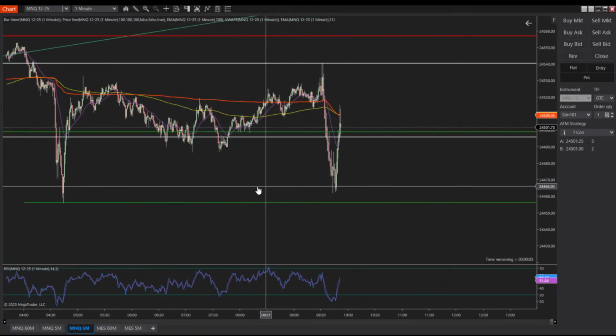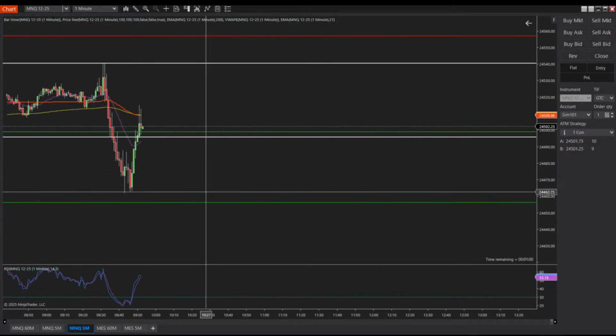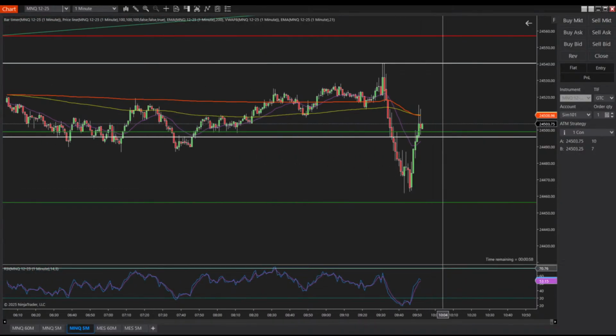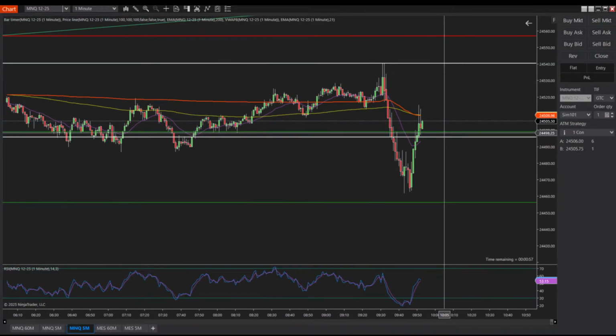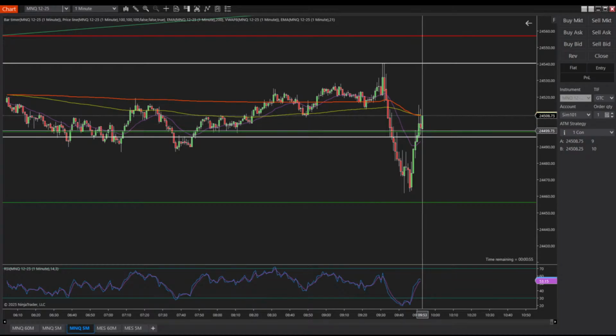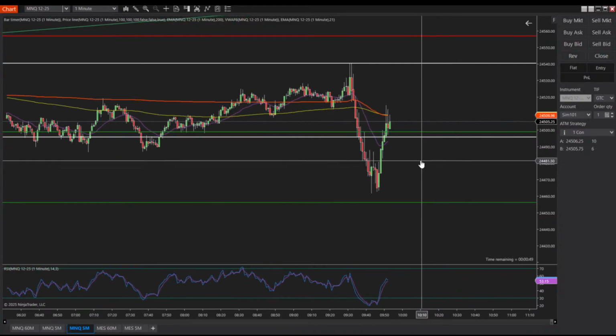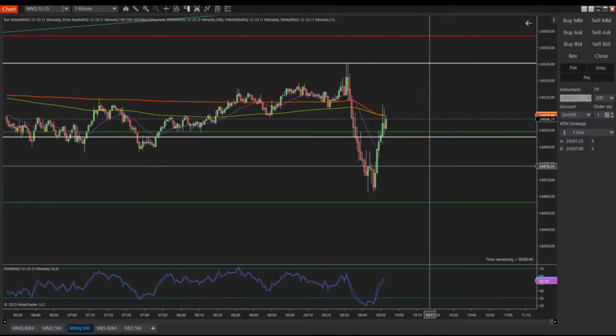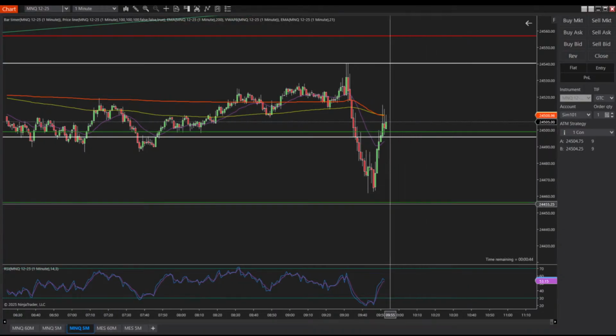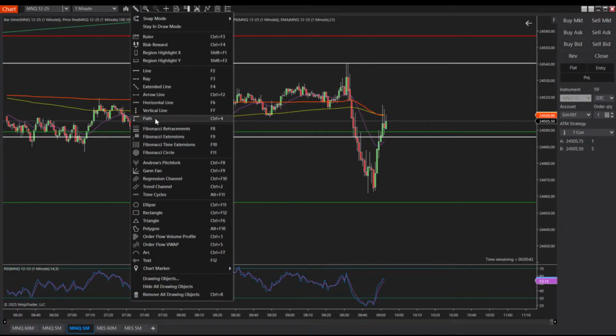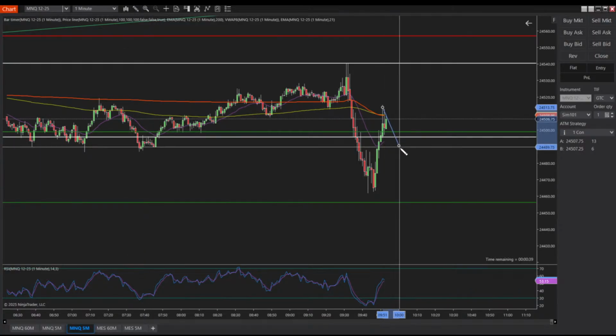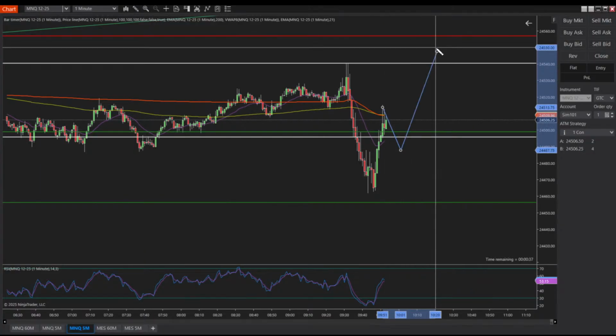Okay, so now we're just waiting to see what price wants to do here. And the bullish move back was finding strong buyers back above the support here.